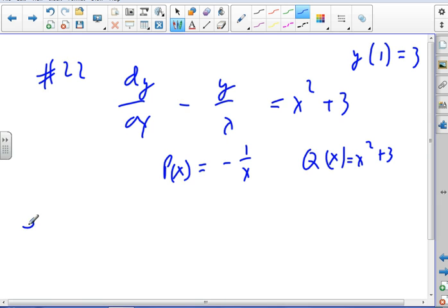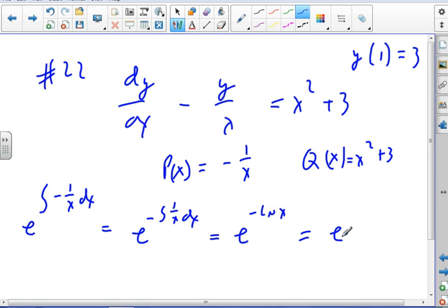So I want to find e to the integral of minus 1 over x dx. Okay, so I got e to the minus the integral of 1 over x dx, e to the minus natural log x, which is e to the natural log of 1 over x, so 1 over x.